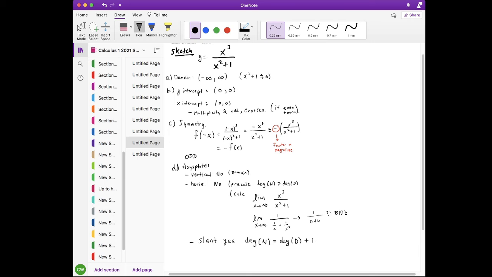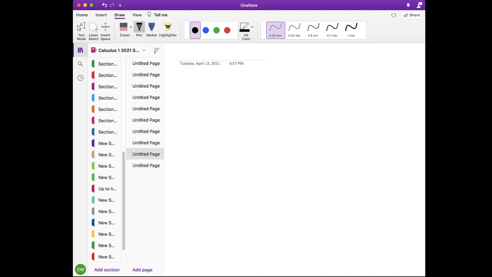All right, does anyone remember how to find the slant asymptote? No?